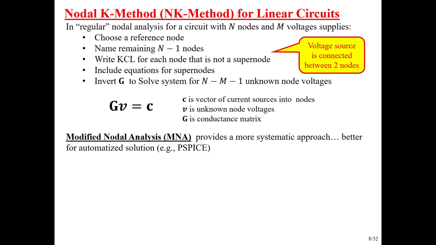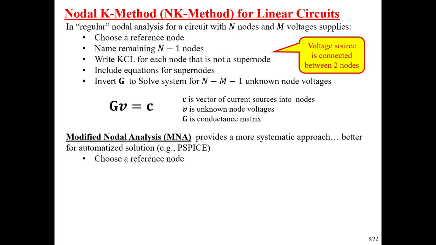So that's where this modified nodal analysis comes in, and we'll abbreviate that MNA. This is a very systematic approach. It's great for an automatized solution like what shows up in PSpice or LTSpice. And it's also easy to handle capacitors and inductors using this approach.